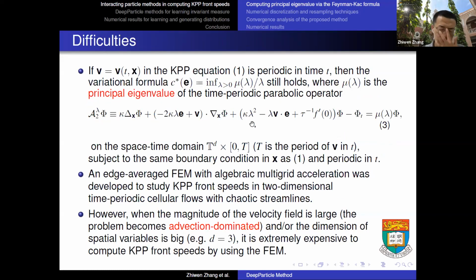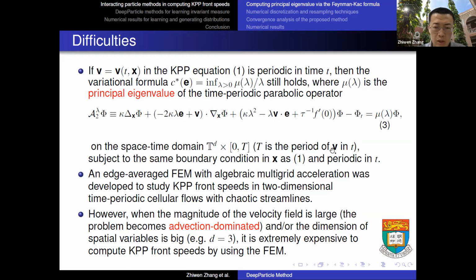When the flow is unsteady or time dependent, this variational formula still exists. In this case, we need to solve for the principal eigenvalue of this time periodic parabolic operator. You have this additional term here. This time dependence makes the problem even harder, since you have an additional degree of freedom.